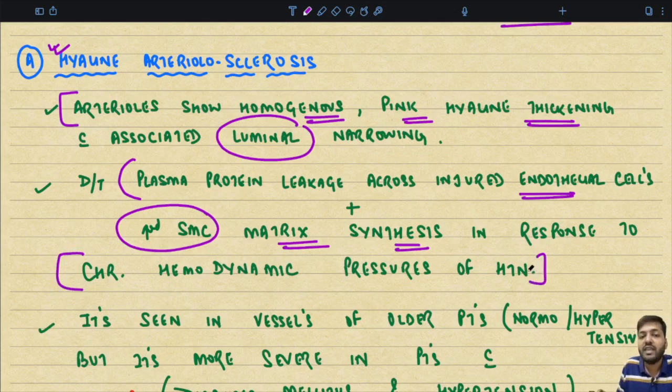Both these conditions lead to thickening of the blood vessel wall as well as luminal narrowing.